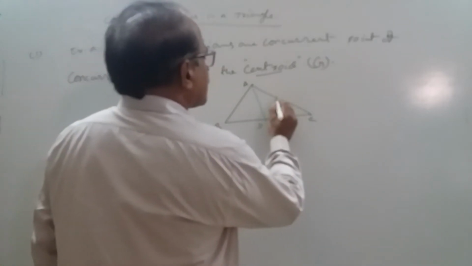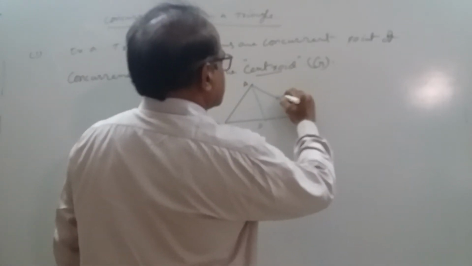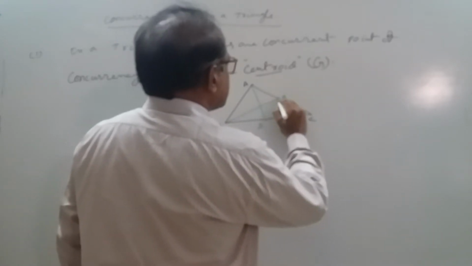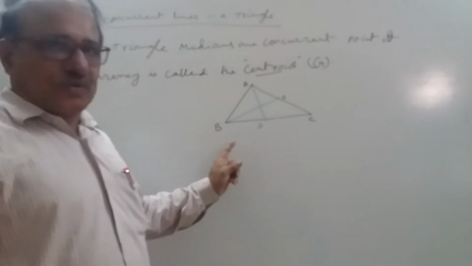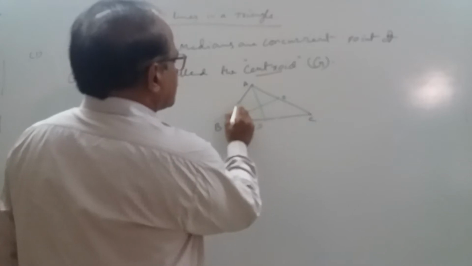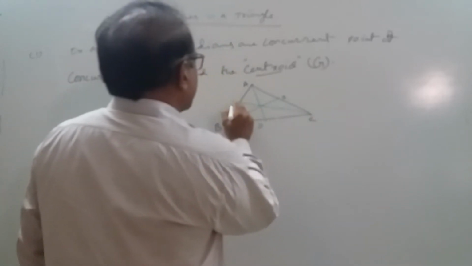Similarly, the midpoint of AC is E. Join BE; BE is the median through B. Similarly, F is the midpoint of AB.